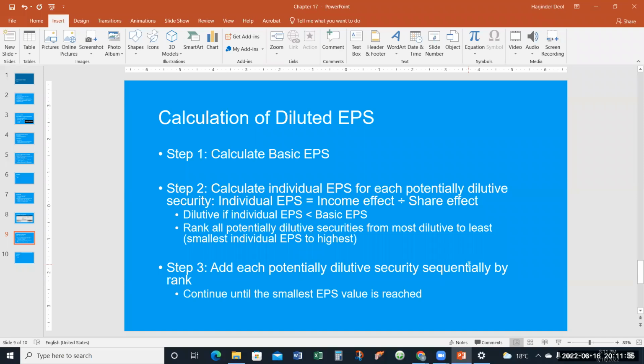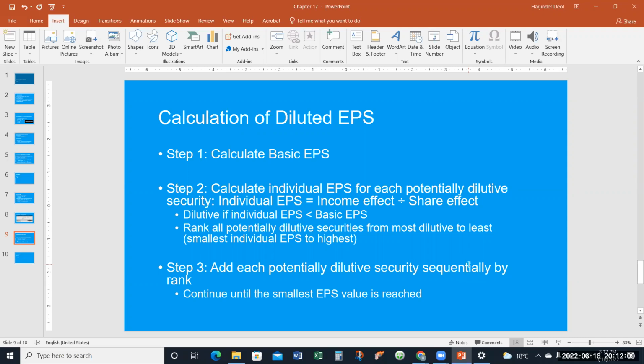It is possible that an individual security had an individual earnings per share lower than the original basic EPS, but you'll be including a lot of these securities into the math, and that's going to keep driving your earnings per share number down. It is possible that an individual security was originally found to be dilutive, but when you do the iterative math, you could hit a point where that security is no longer dilutive.